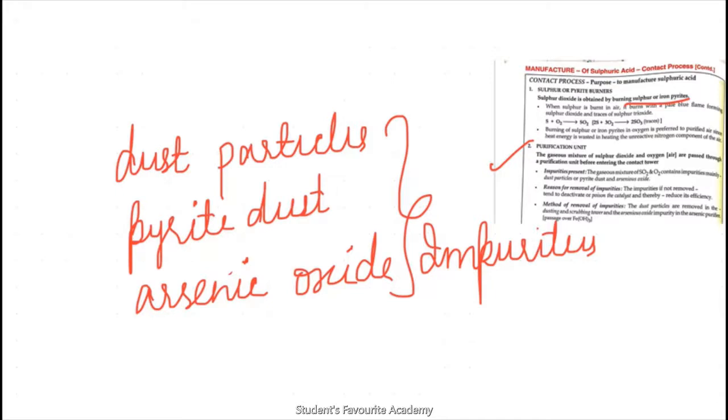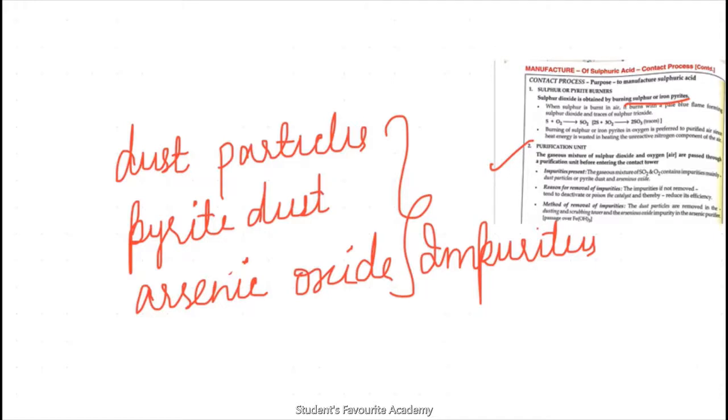Why do we remove them, children? Because the impurities, if they are present, tend to poison the catalyst and therefore reduce the efficiency. Obviously, children, you all know why we are applying so many steps for the purification, because I don't want to reduce the efficiency of the process.